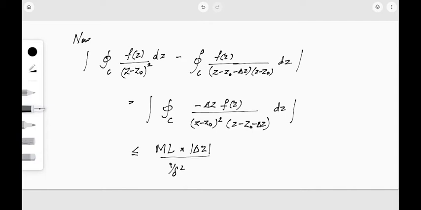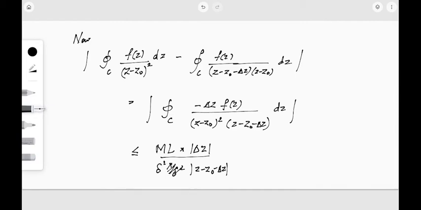And there was one more value that we had to determine, that was what is 1 divided by mod z minus z dot minus delta z, right? This ML is obtained using the ML inequality, that is integral over c f of z dz will be less than or equal to ML, and modulus of z is mod z itself, and 1 by z minus z dot square was less than or equal to 1 by delta square, right?